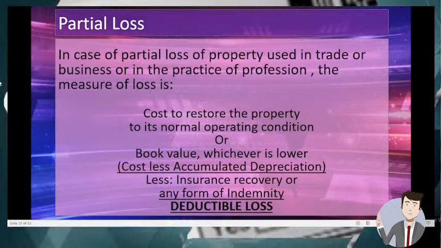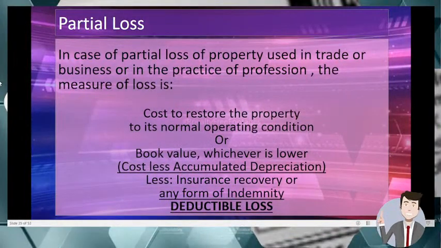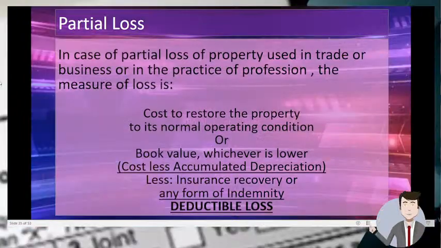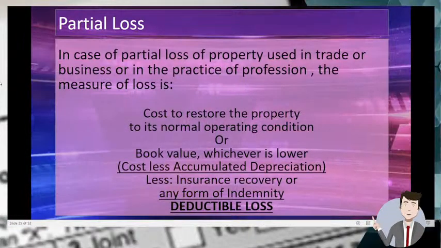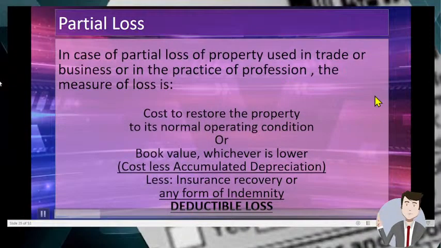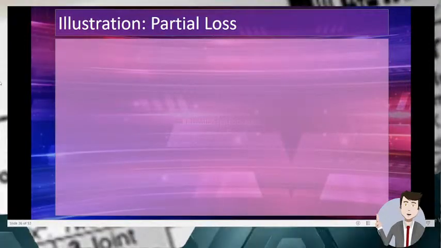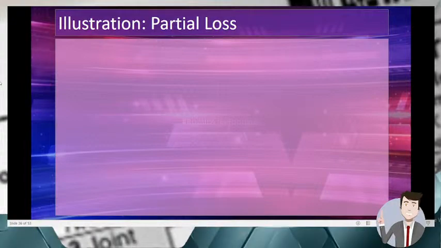So the difference is the deductible loss. If the property is not insured, of course your less insurance recovery is zero. Therefore, the entire book value or restoration cost, whichever is lower, is deducted in full in the taxpayer's gross income. Okay?